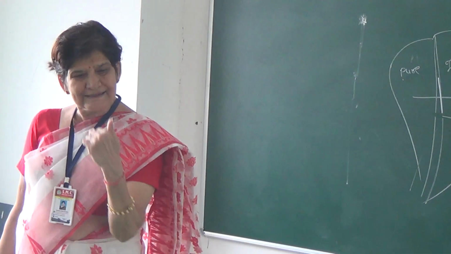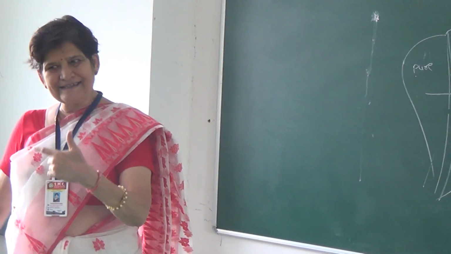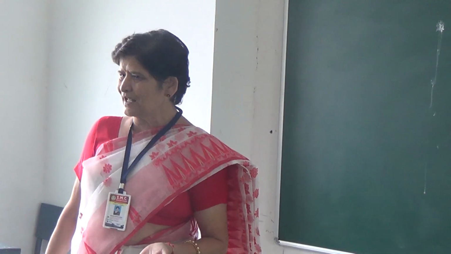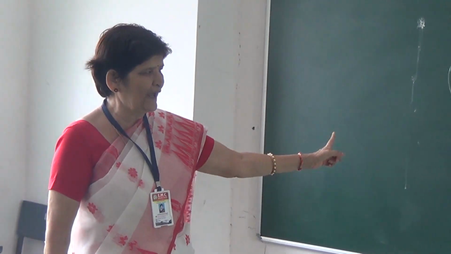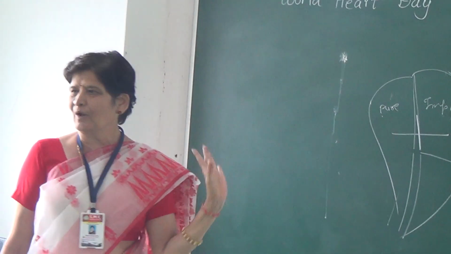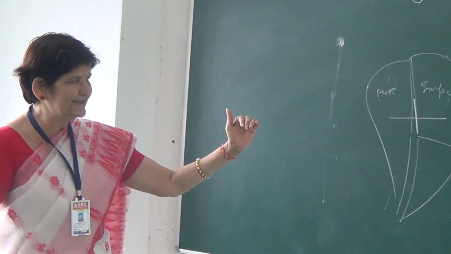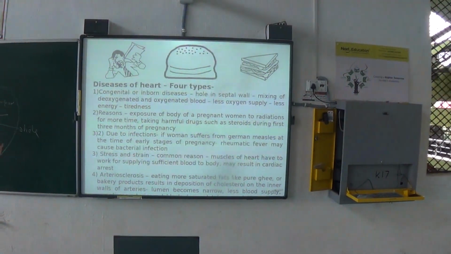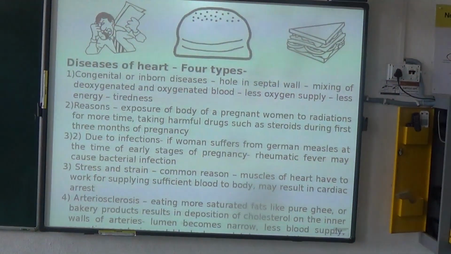So your body cells, instead of getting pure oxygen, will get carbon dioxide also. Impure blood contains carbon dioxide. So carbon dioxide is not good for our health. The child may suffer from the disease. As these diseases are from birth, they are called congenital or inborn diseases.